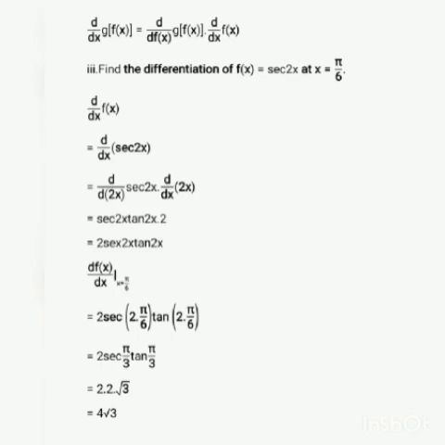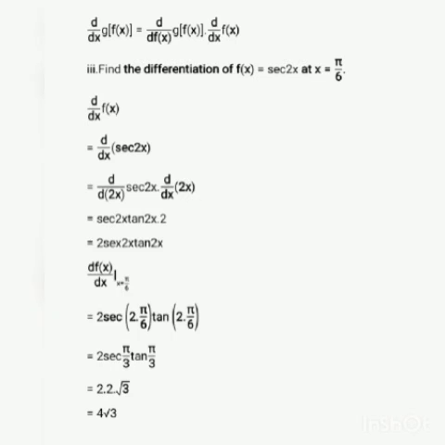Now we know d/dx of sec x is sec x tan x. So d/d(2x) of sec 2x is sec 2x tan 2x and d/dx of 2x is 2. So the differentiation of f(x) equal to sec 2x is simply 2 sec 2x tan 2x.